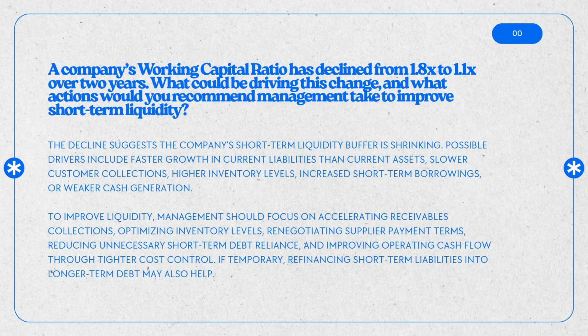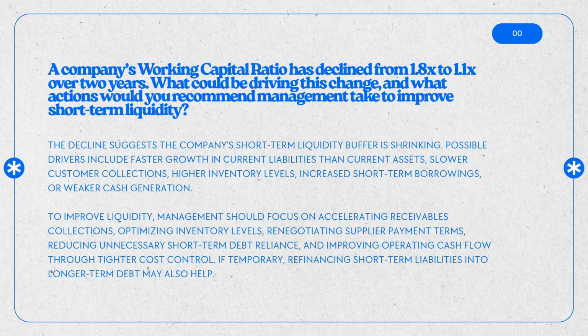A company's working capital ratio has declined from 1.8x to 1.1x over 2 years. What could be driving this change, and what action would you recommend management take to improve short-term liquidity? The decline suggests that the company's short-term liquidity buffer is shrinking. Possible drivers include faster growth in current liabilities than current assets, slower customer collection, high inventory levels, increased short-term borrowings, or weaker cash generation.